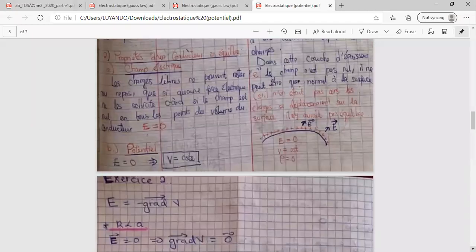Now, since we've done a bit about potential, we can calculate the V. Do you remember the exercise, or should I go back and share the screen for the exercise? Okay, I believe it was here.